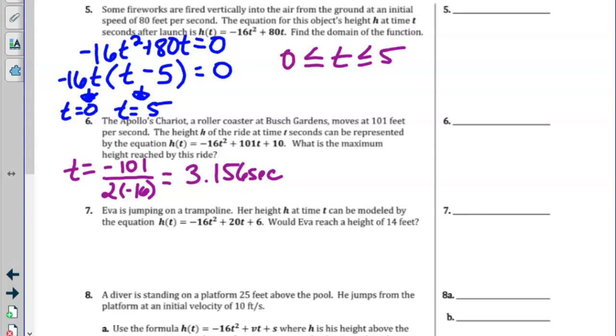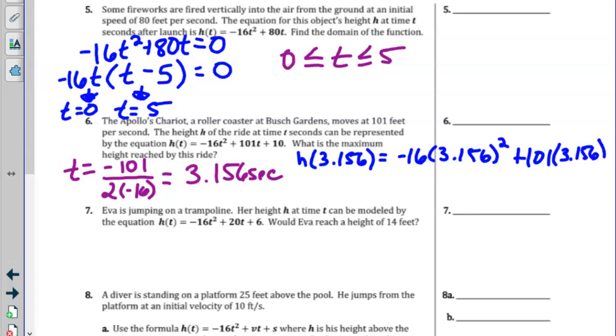Very good. Plug it in. We have h of 3.156 equals negative 16 times 3.156 squared plus 101 times 3.156 plus 10. Once you calculate it, tell me what we get for our max height.